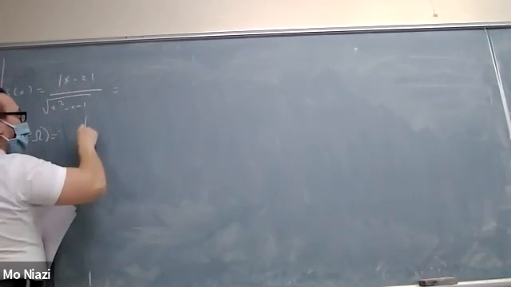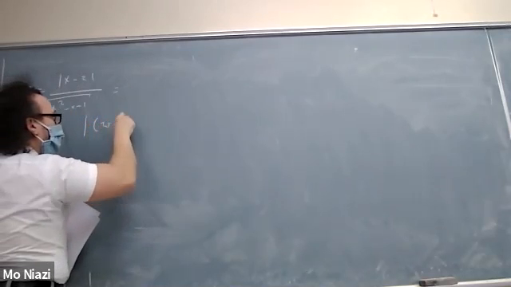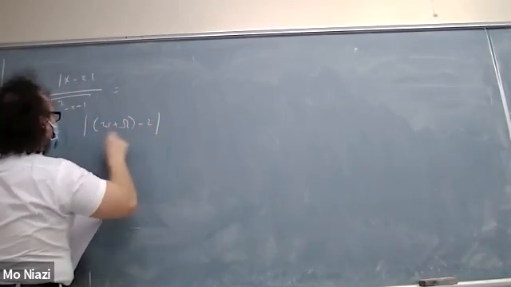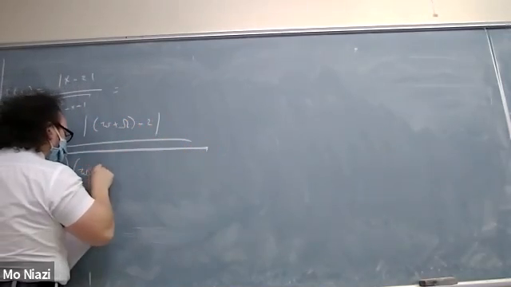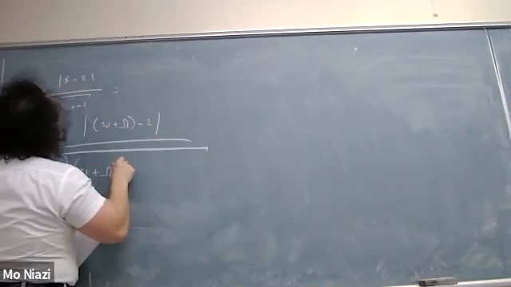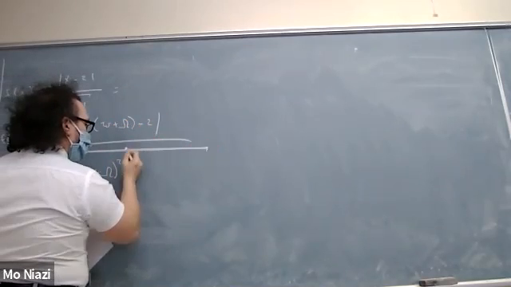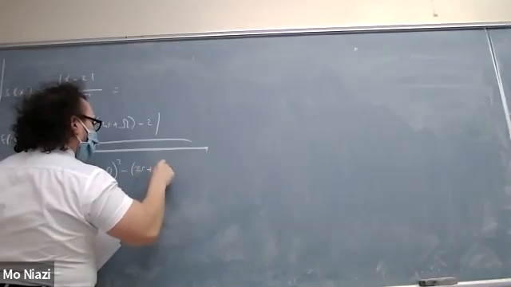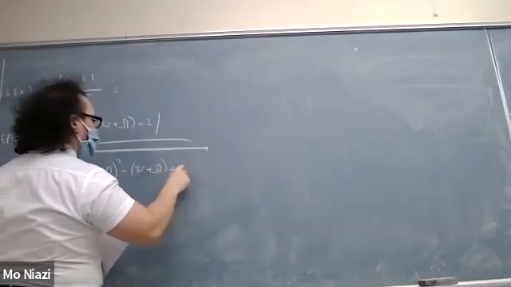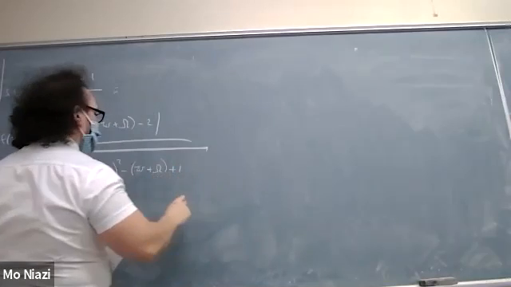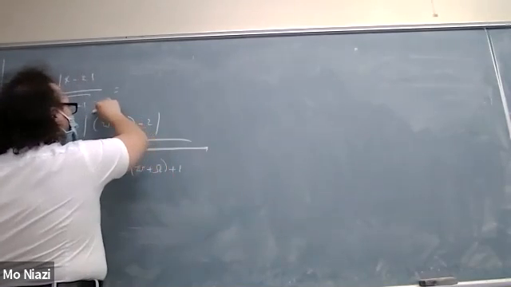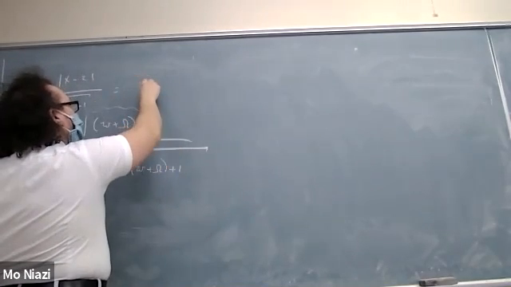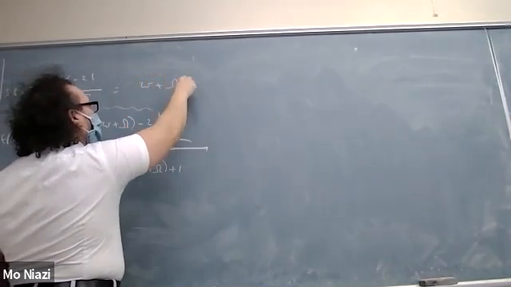That's equal to, okay, so what's inside this absolute value is an omega plus a capital omega minus 2.